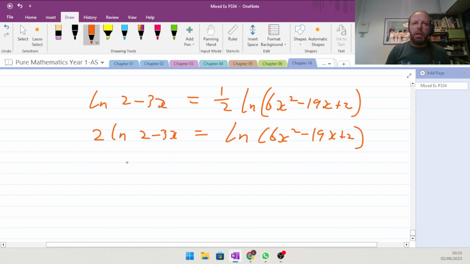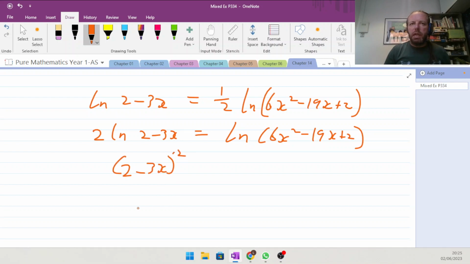Take it all to the power e. So we now need to do 2 minus 3x, and we need to square all of that. And that is 4 minus 12x plus 9x squared is equal to 6x squared minus 19x plus 2. Somehow or another I made that into a 12. I don't know how, but I did.